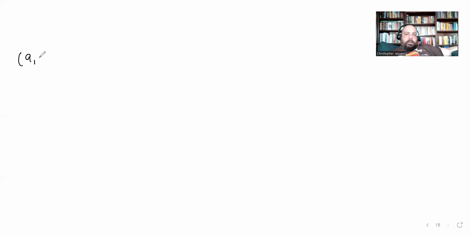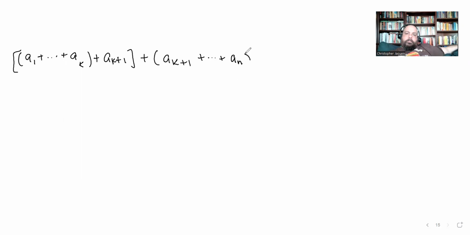I'll just recopy what I had here. All right, here I can reassociate, so you're just using the associative law. So this is a1 plus dot dot dot ak.